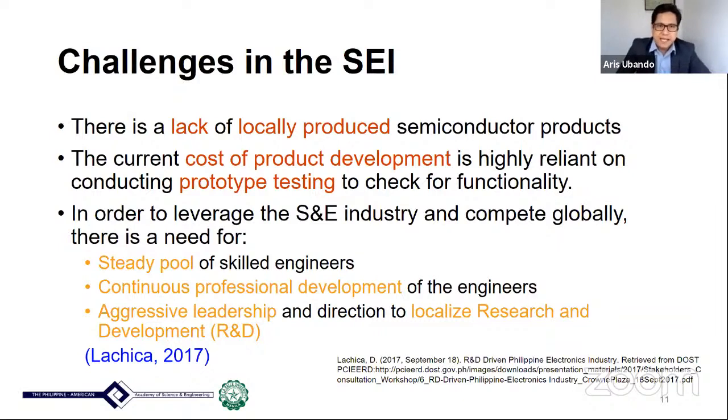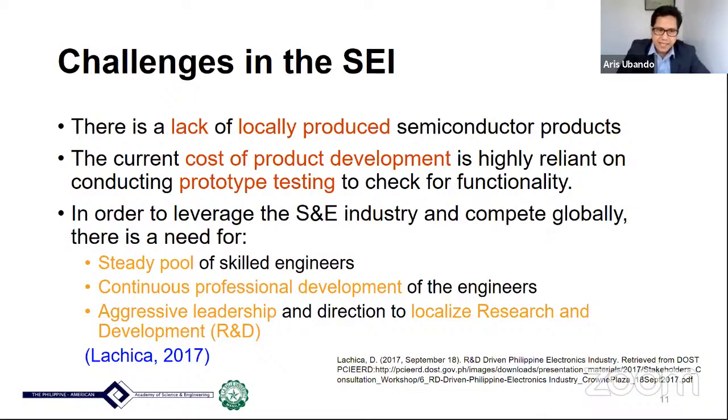So challenges in the Philippine SEI: there is a lack of locally produced semiconductor products. Second, the current cost of product development is highly reliant on conducting prototyping and testing to check for functionality. In order to leverage the SNE industry and compete globally, there is a need for the following.